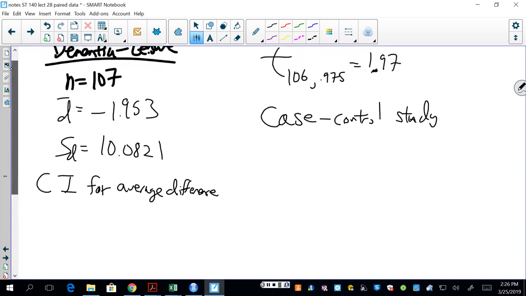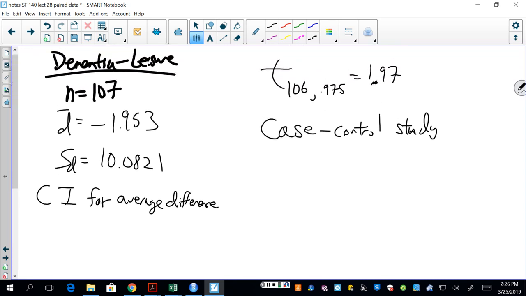So we do a computer comment there. For the lower limit, I got negative 3.873. And for the upper limit, I got negative 0.033, just below 0.